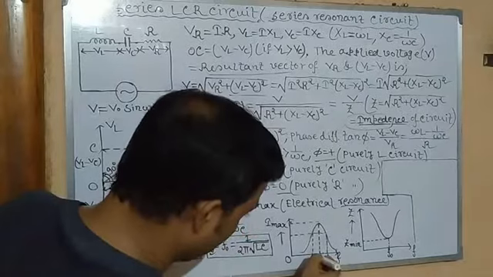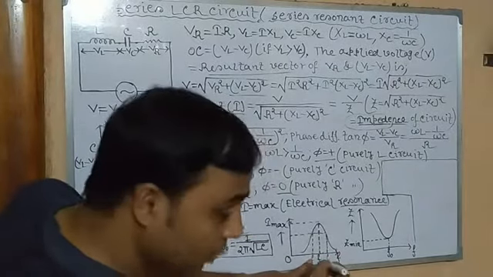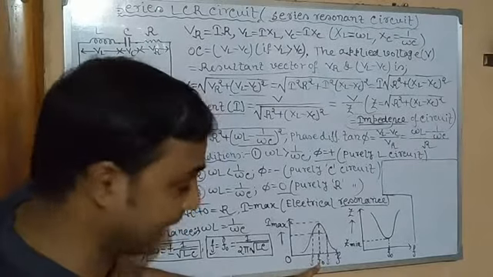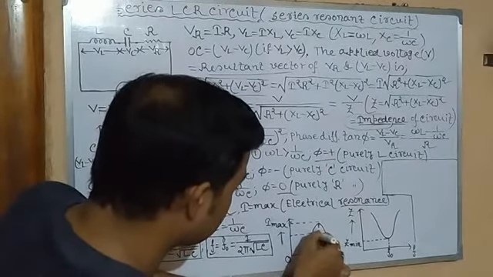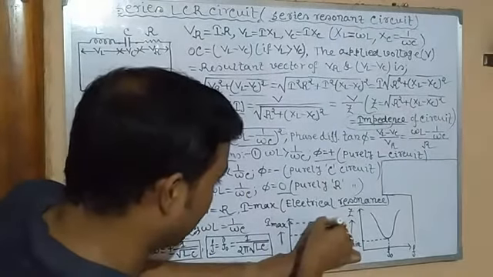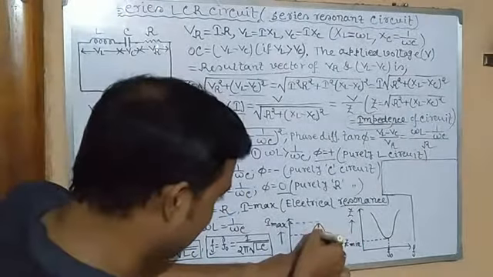This is the axis of F, so this is also a value of F, but here F is less than F0, meaning the frequency of the applied voltage is less than the frequency of the circuit. In this case, current is less than the maximum value. Here the peak value doesn't occur, the position is slightly below the peak.